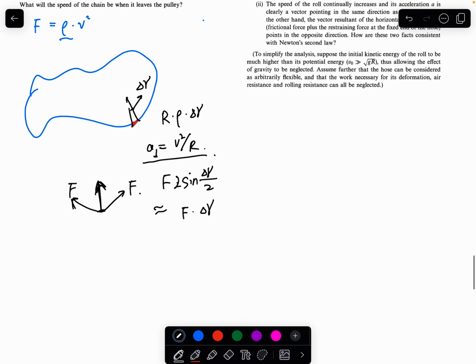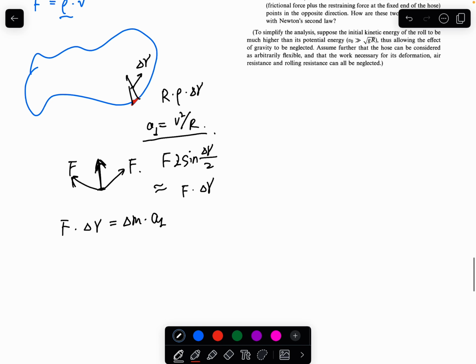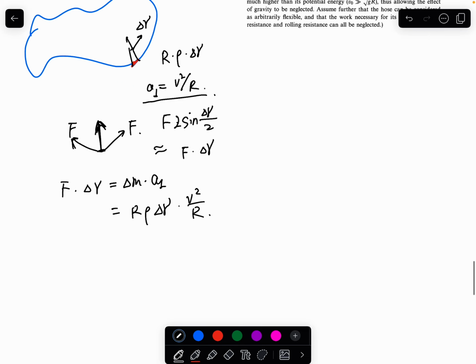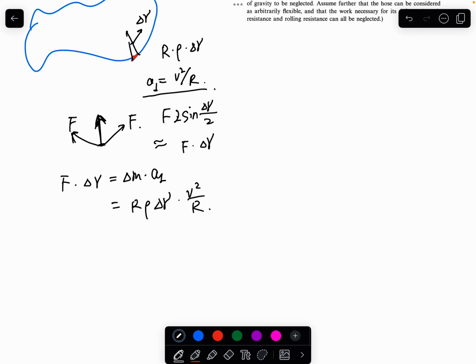So now we have F times delta gamma equals this delta M times a perpendicular. This leads to a relation of F equals rho times v squared.